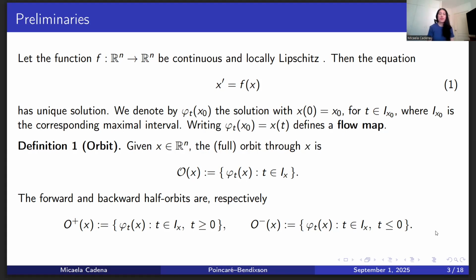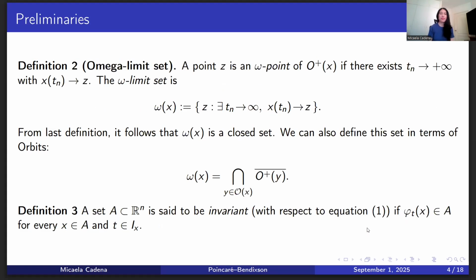The forward half orbit is given by the set of solutions for which t belongs to the maximal interval, but also t is bigger or equal than 0, while the backward half orbit would be the set of solutions such that t belongs to the maximal interval, but we'd have t less or equal than 0.